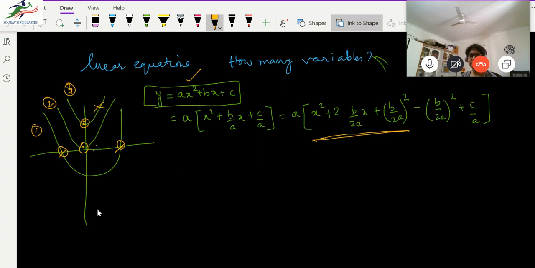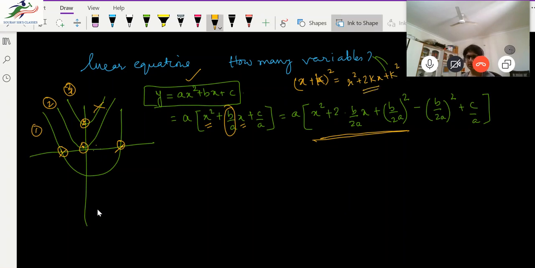And how did I do it? I had a x square here, I had b by a x here, and I know that x plus k whole square is equal to x square plus 2kx plus k square.